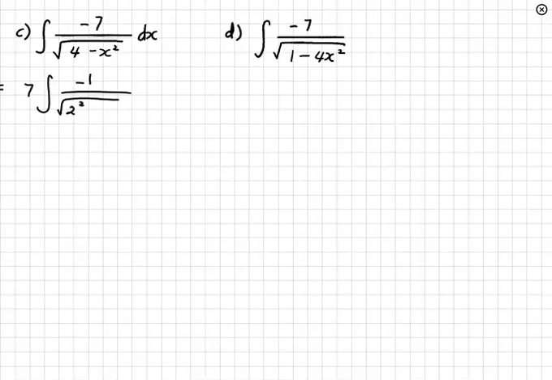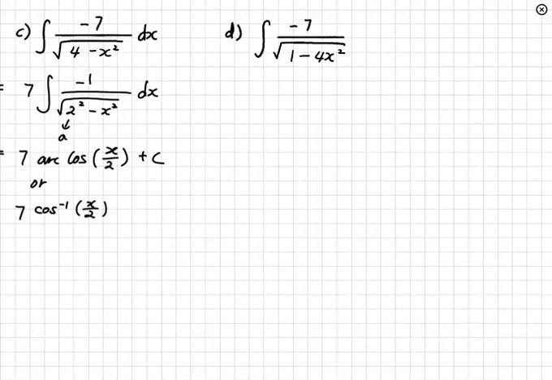So it's 2 squared minus x squared of dx. Now my a is 2 this time, so I can use arc cos. So therefore the answer is 7 arc cos of x on a, which is 2, plus c. Obviously, you can also write it as 7 cos inverse of x on 2 plus c.